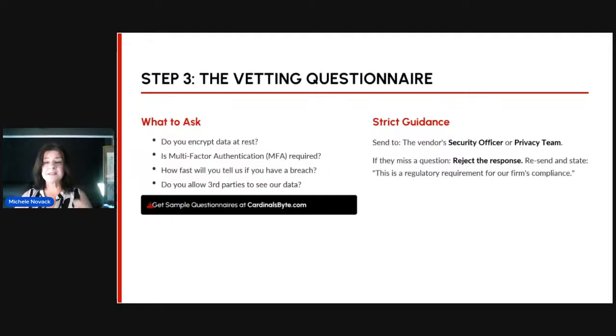They must explicitly name cryptographic standards, not just say it's encrypted. In their contract with you or in their SOC 2, and we're going to talk a little bit more about that, they have to mention that. They have to show you where it is. So let's talk about identity management.